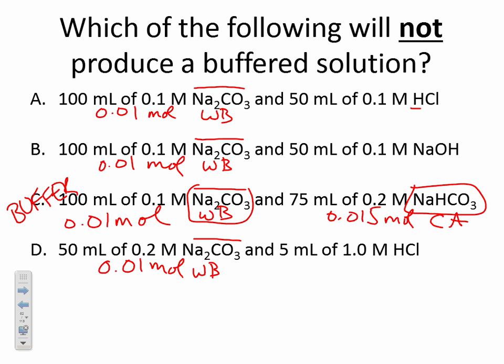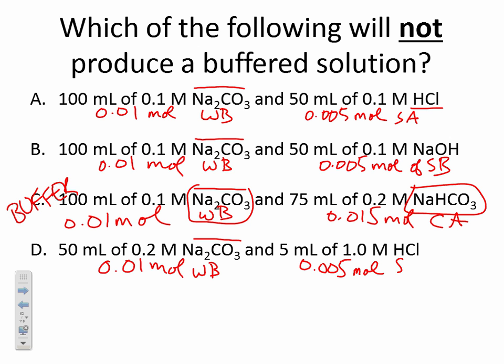In A, I'm reacting it with 0.005 moles of a strong acid. In B, notice I am saying reacting because there would be some kind of reaction that would take place here. I'm combining it with 0.005 moles of a strong base in B, and in D, I have 0.005 moles of a strong acid.